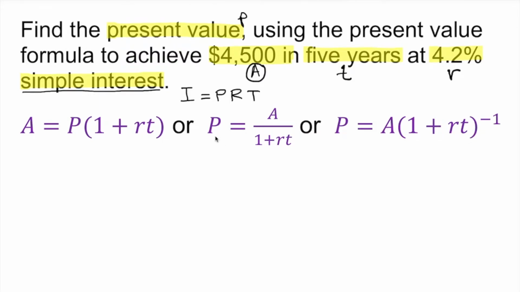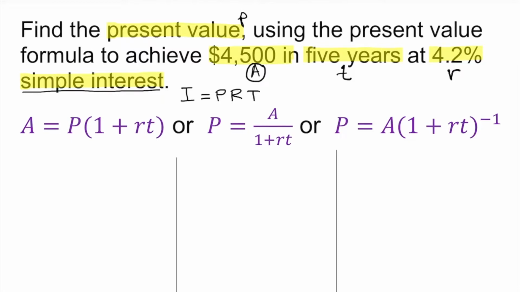So this is a present value formula. P is the present value, A is the future value. Whereas this one is the future value formula, either way is going to work. I'm going to work all three individually, and all three are going to give us the same answer.